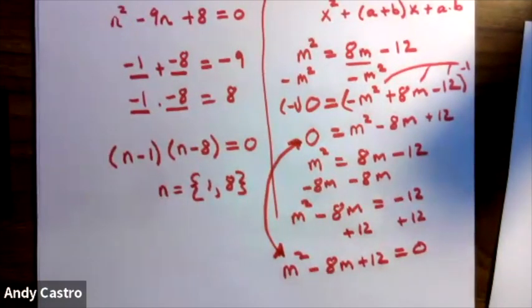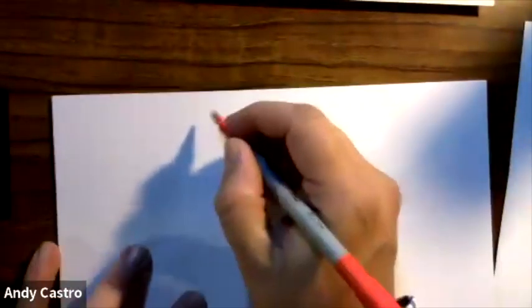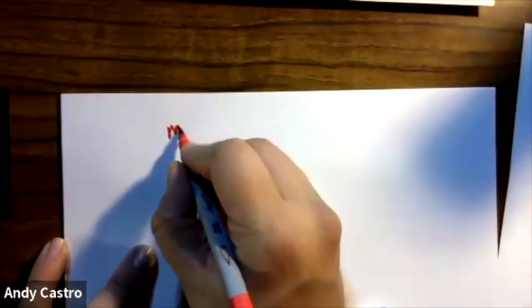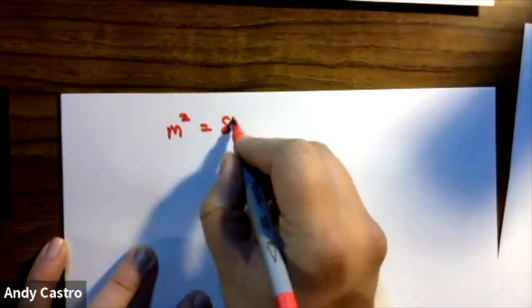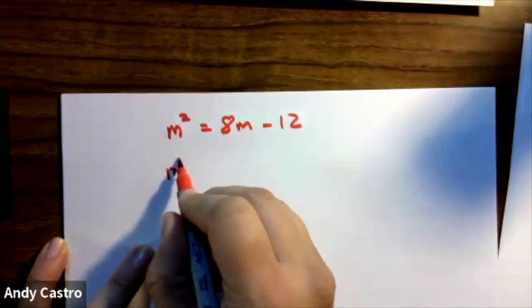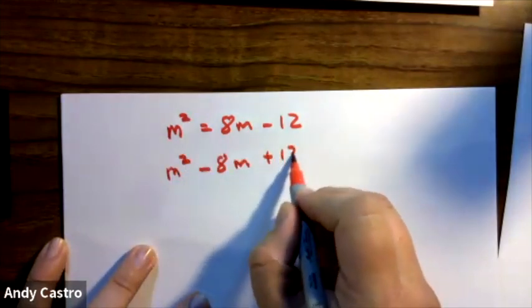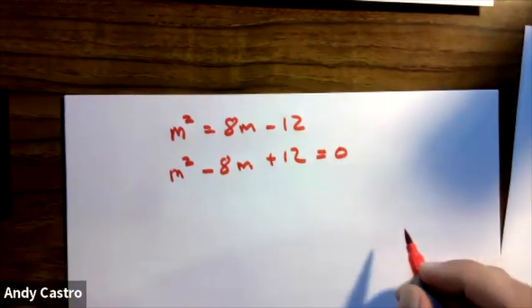We have m squared minus 8m plus 12. Okay, so we started with m squared is equal to 8m minus 12, and we ended with m squared minus 8m plus 12 is equal to 0.